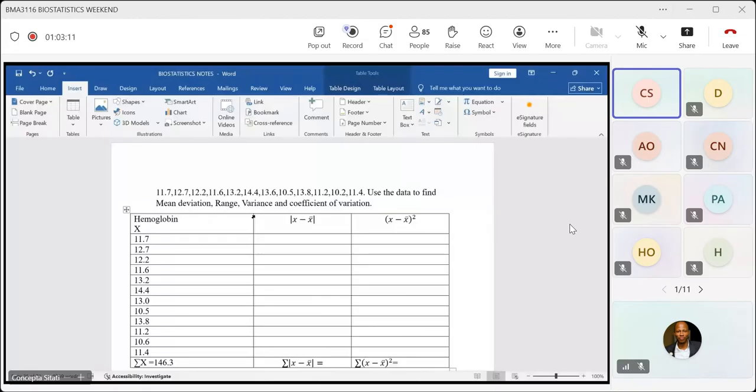Anybody who has finished the mean? Let me give you 10 minutes. This question is just about 6 marks, so don't take more than 10 minutes to work out, because those are just 6 marks. And remember, you have a total of 70 marks.